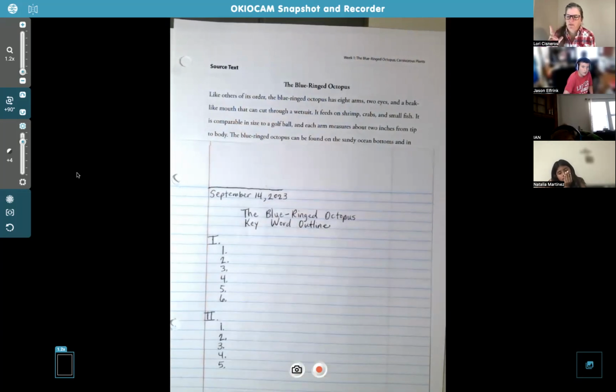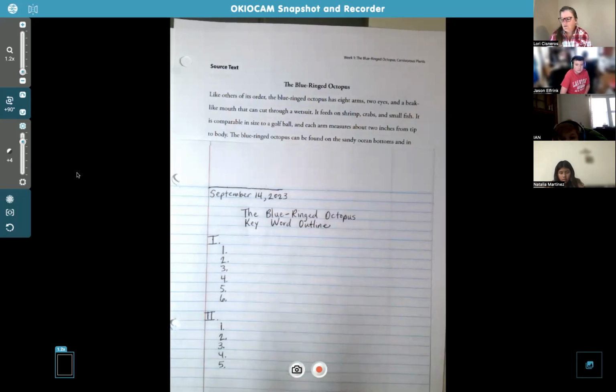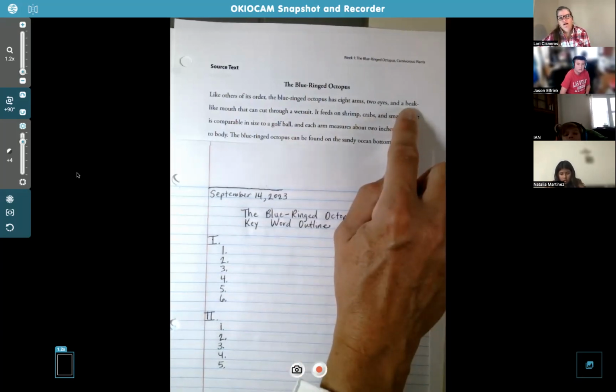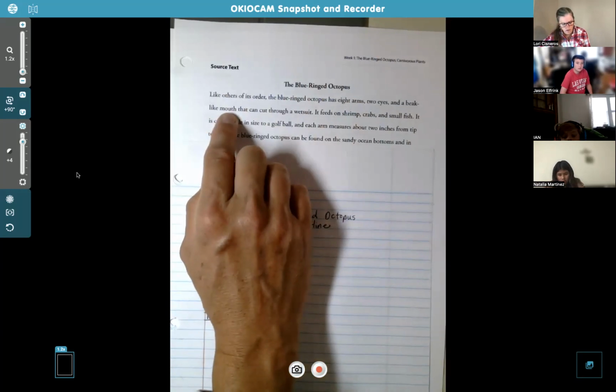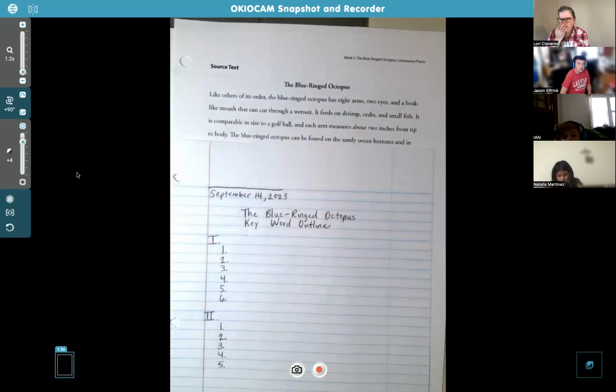I already know octopus already has 8 legs, right? Or 8 arms, they're called. I already know that. Octa is 8. So I know an octopus has 8 arms. I already know an octopus has 2 eyes. So this is where I didn't know. A beak-like mouth. Now that would be important to remember what that sentence was.